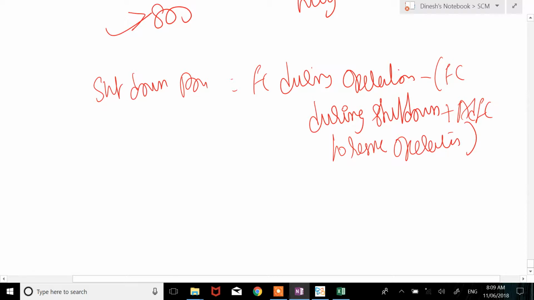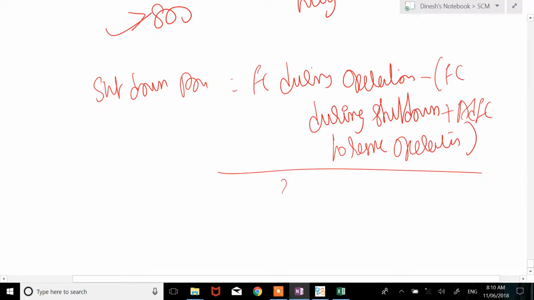The difference between yes and no is the relevant cost, like your relevant costing. If you shut down, you incur 2,50,000: 2 lakh during shutdown and 50,000 to resume operation. If you continue, you incur 5 lakh. 5 lakh minus 2 lakh 50 is the relevant.